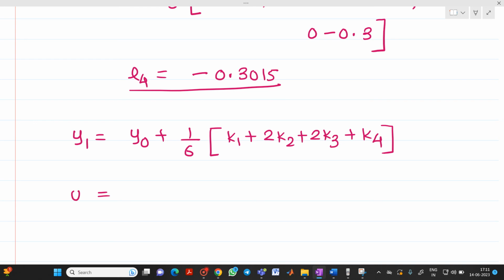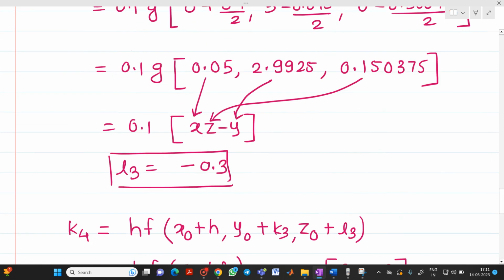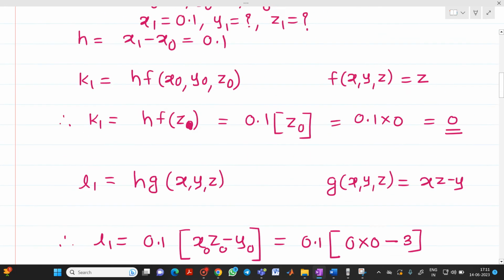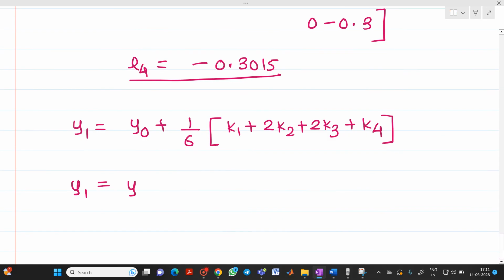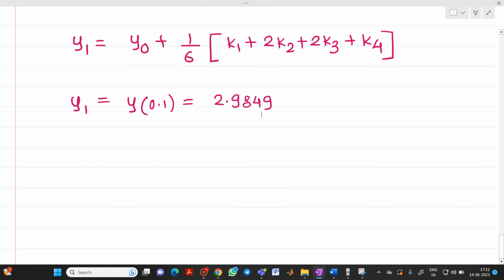So if you substitute, you will get the answer of y1, that is, it is expected to find the value of y of 0.1. So y of 0.1 will be equal to 2.9849.